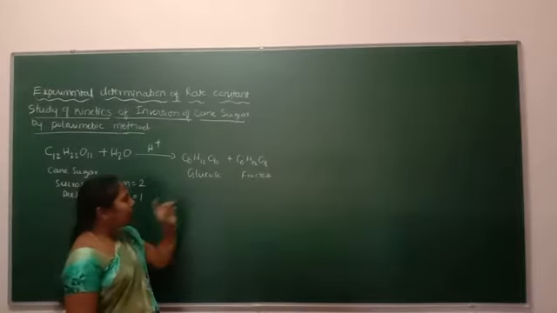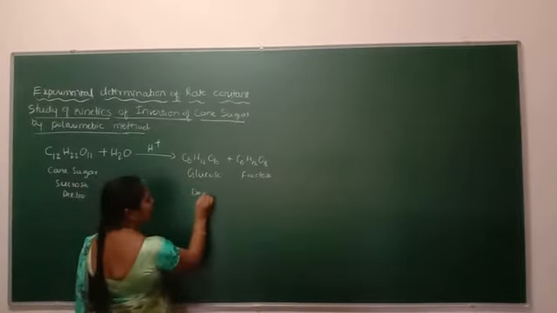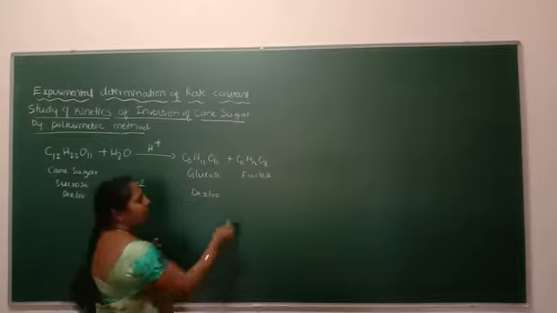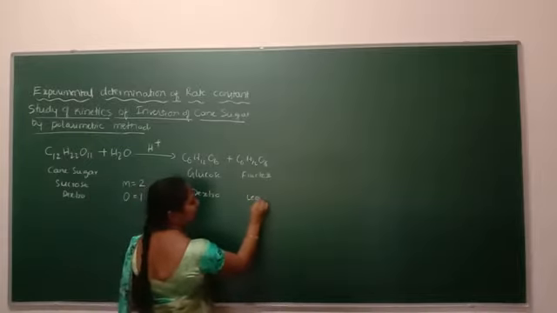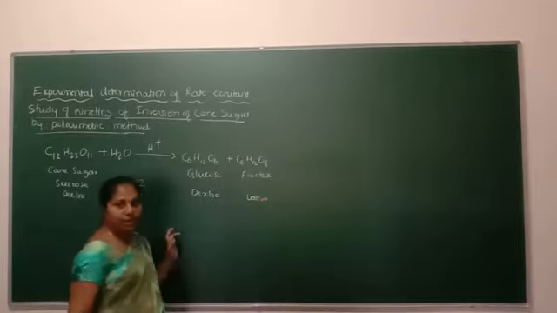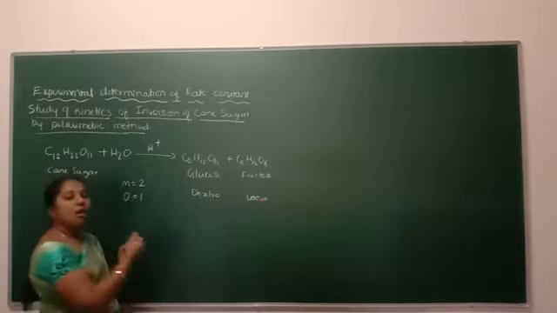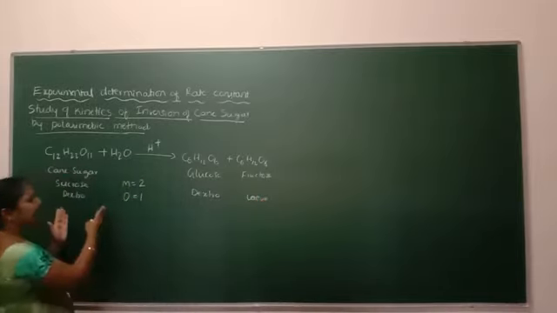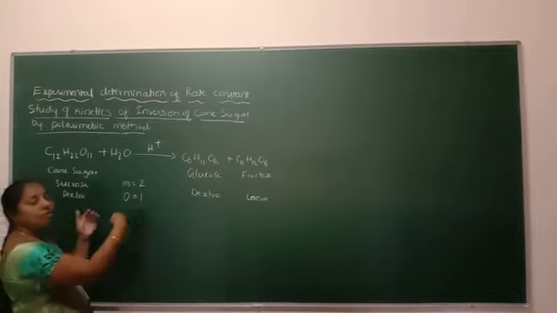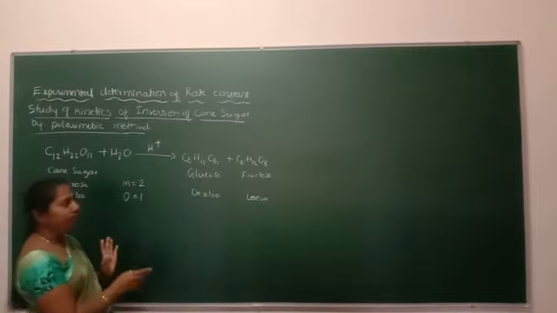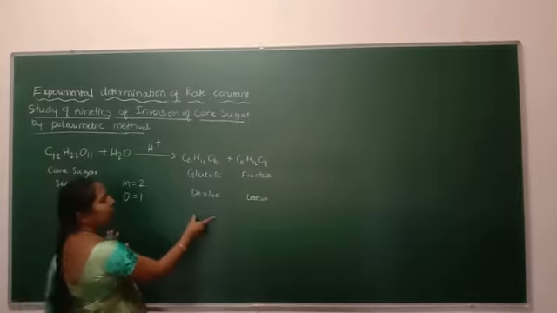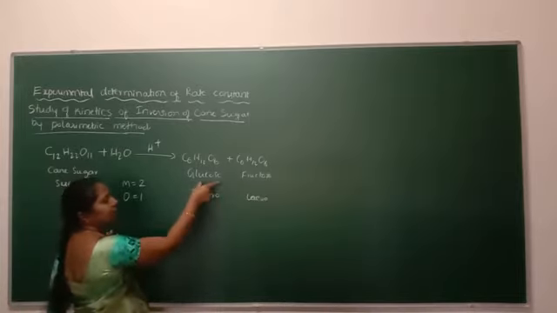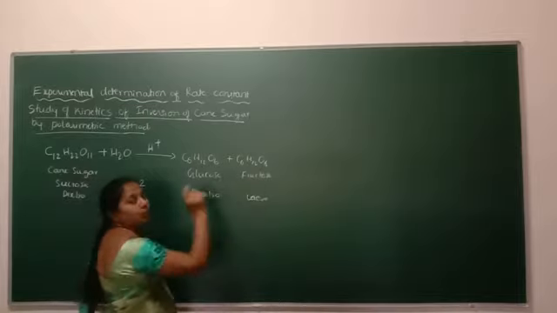Here glucose is also a dextrorotatory compound and fructose is a levorotatory compound. On chemical reaction, this dextrorotatory mixture is converted into a levorotatory one, because the rotation of plane polarized light by the glucose is less compared to the fructose.